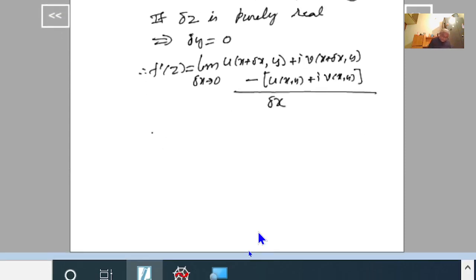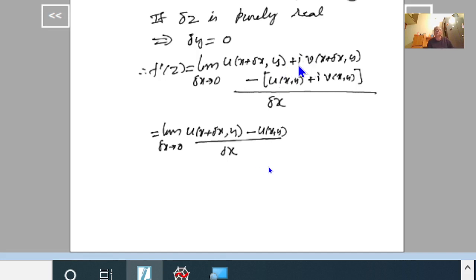I will write this as limit delta x tends to 0 of u of x plus delta x comma y minus u of x comma y, divided by delta x, plus i into v of x plus delta x comma y minus i into v of x comma y, divided by delta x.